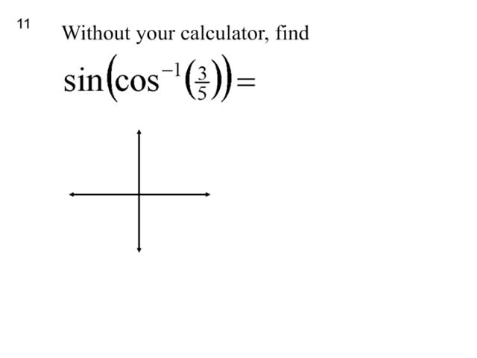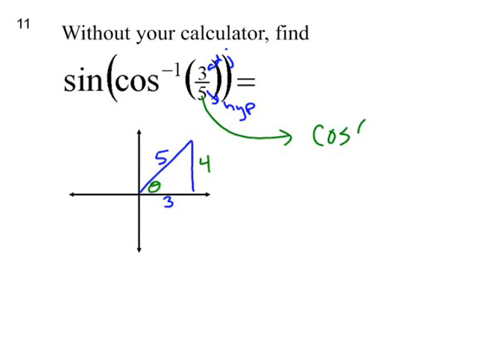Okay, let's do this one. So I know, again, I'm in the first quadrant. Draw my triangle. This is my adjacent side. This is my hypotenuse. So then I have my adjacent side's 3. This is 5. I do my Pythagorean theorem to come up with this is 4. I know this is the angle that it's working at, because remember this whole thing is saying cosine of what angle gives me 3/5.